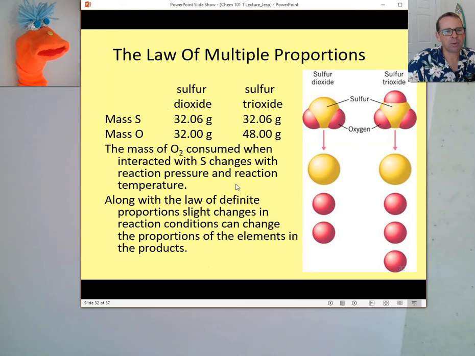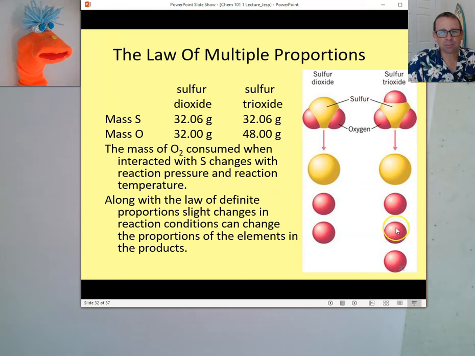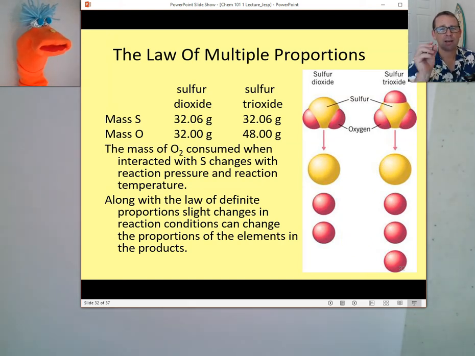Okay? The law of multiple proportions combines atoms, but the combination can occur in different ways sometimes. All right? So we just said that the law of definite proportions showed that atoms will combine the same way, but that's if you combine them the same, or you mix them the same way every time.